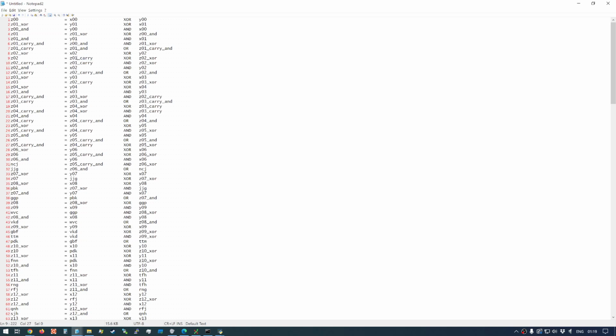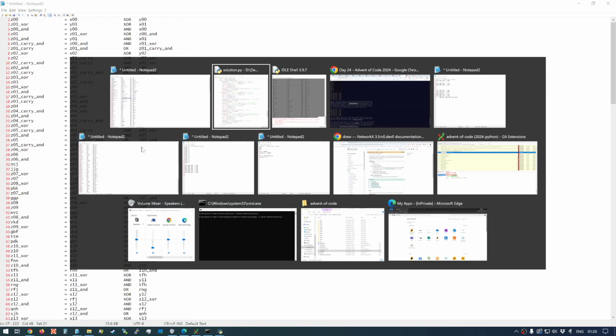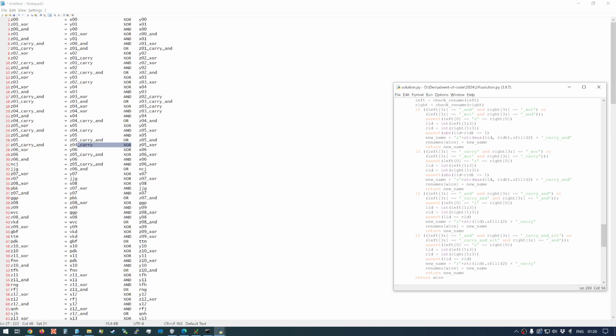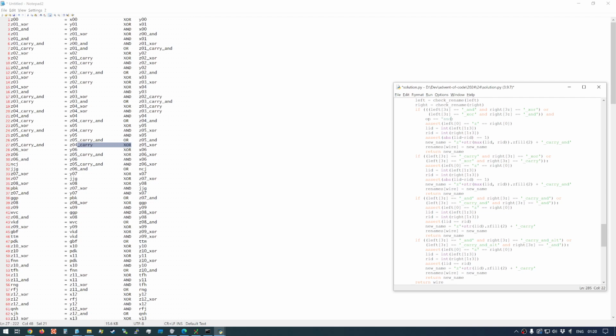So, Z3, Z4. Oh, I'm not checking the alt here. Or, sorry, the op. There we go.